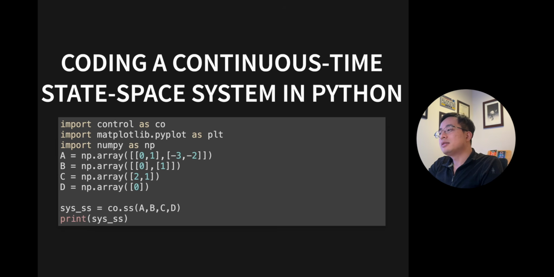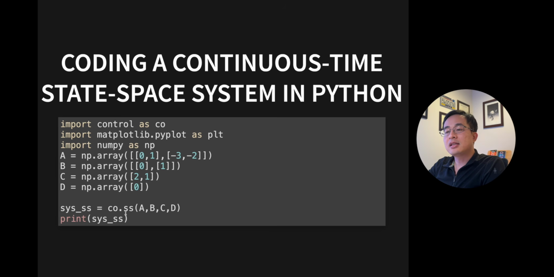Now, let us code the example with a few coefficients, m equal to 1, k equal to 3, and b equal to 2. To put the system in Python, we use the control toolbox, so we import control as co. We use the matplotlib library to plot a few time domain responses, and then we use the NumPy package to express the A, B, C, D matrices.